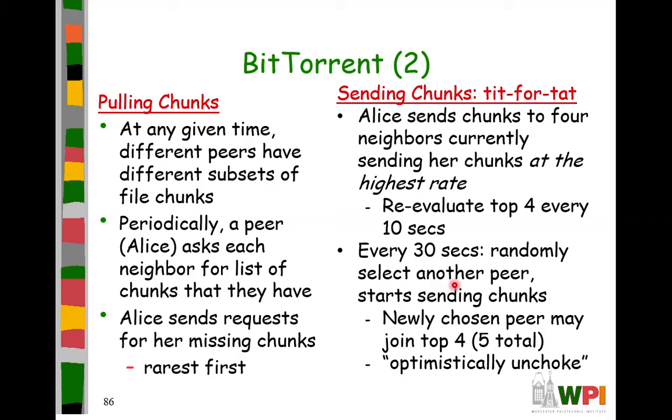So she selects a random new peer, the 5th peer, because she is sending to 4 neighbor peers. Other than these 4 peers, she also chooses randomly a 5th peer, and sends her file to the 5th peer. This is called unchoke.